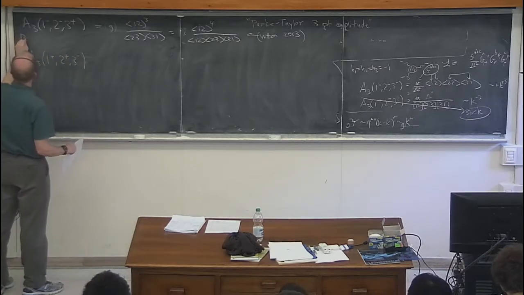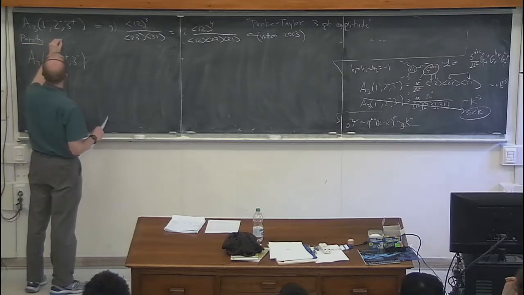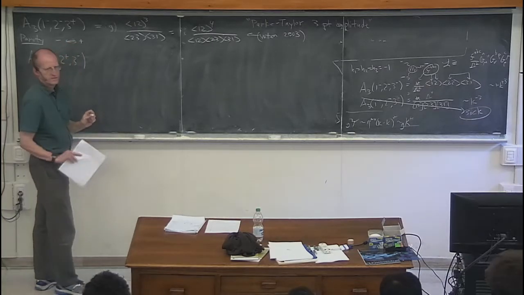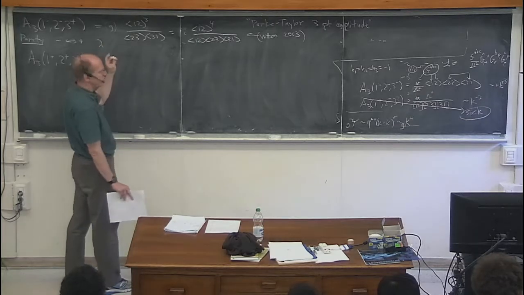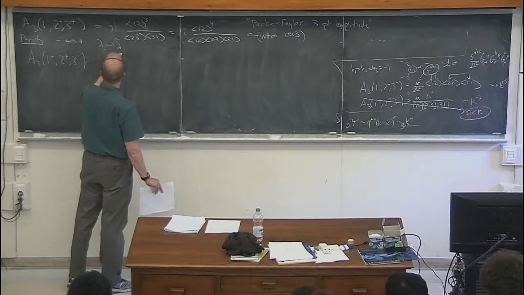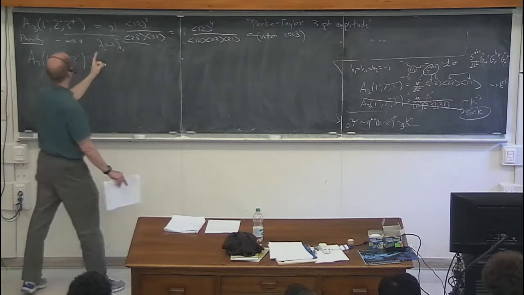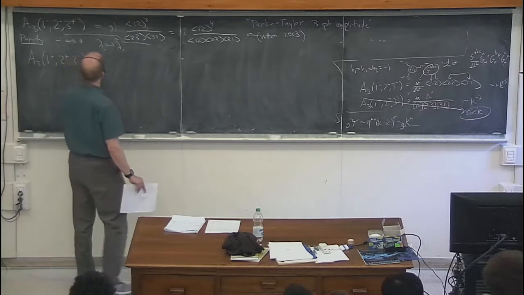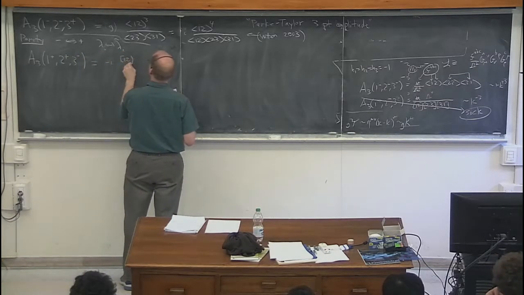There's also an operation, parity, which flips all helicities between plus and minus. And the way parity is implemented, if you looked at the formula for the polarization vectors, it corresponds to exchanging all lambdas and lambda tildes, at least up to an overall sign. Sometimes there's a minus sign depending on the state convention.